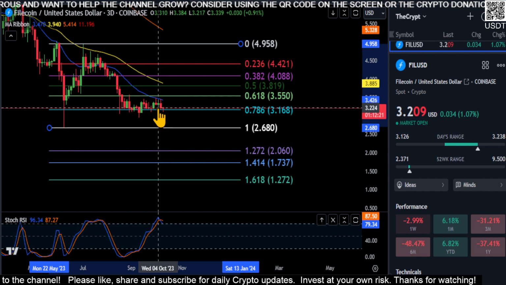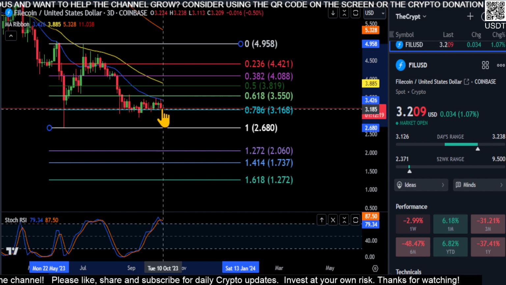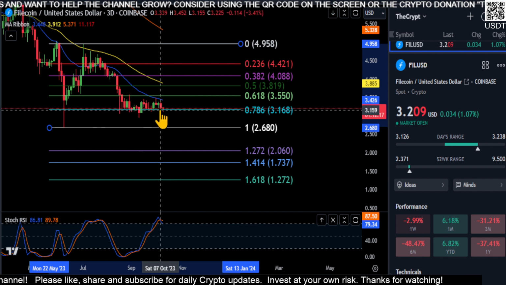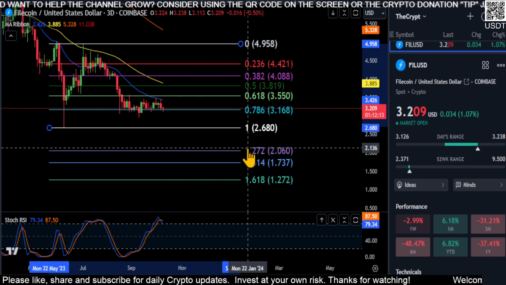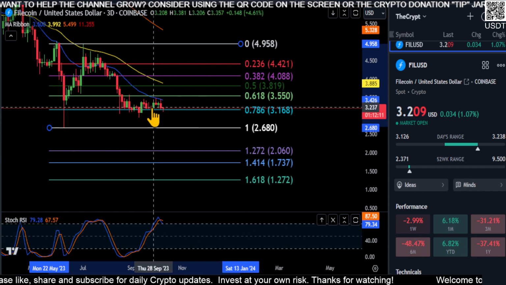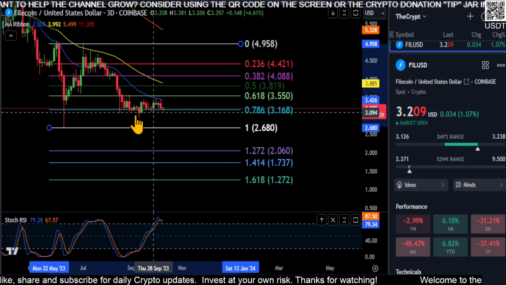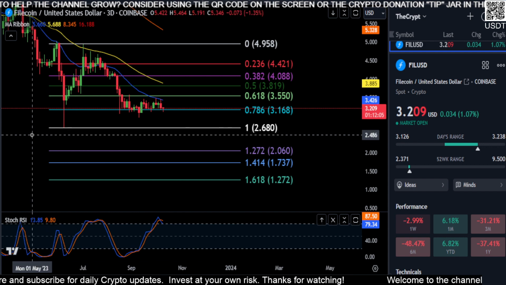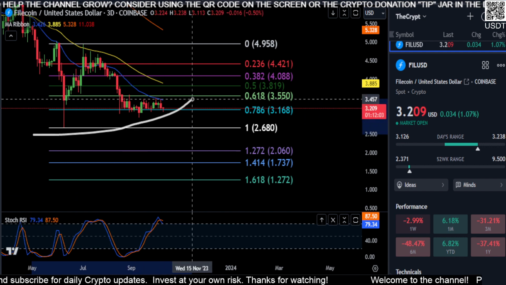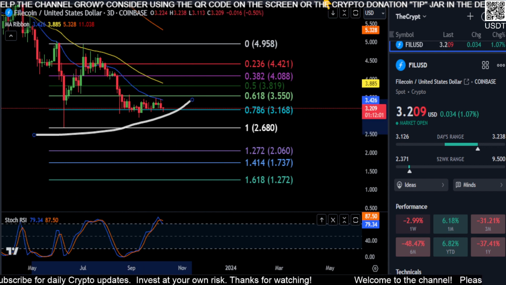So this general 316, 315 area is what we're looking at here. If you end up breaking this, you can see we're going to fall down to about 260, then 2, and so on and so forth. So we really don't want to break this market structure here, and by market structure, I mean the higher lows, as you can see there.